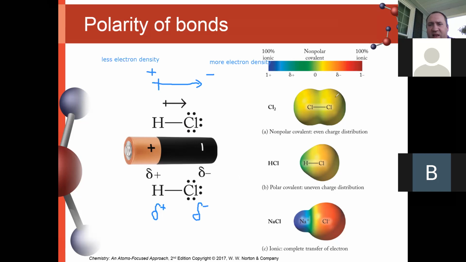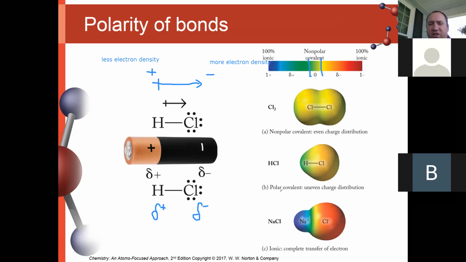We can see that for the most part, the electrons are being shared pretty evenly between these two chlorine atoms. The range of colors is pretty much from very, very pale green to very, very yellow green. Not a whole lot of variance or change there.